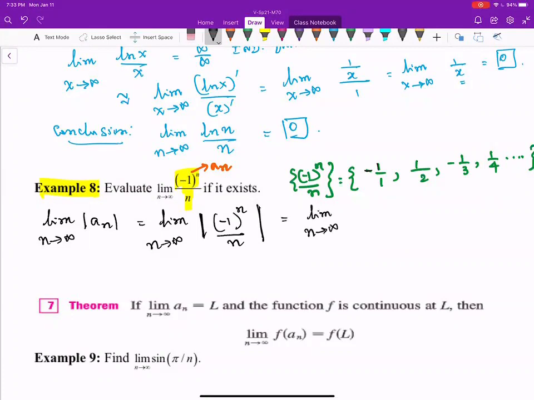So the limit as n approaching infinity has 1 on the numerator. No matter what, n is going to be positive only because n is approaching infinity. n is an integer also, only positive integers, because it represents the terms of the sequence. As n approaches infinity, 1 over a large number is equal to 0. Because the limit of the absolute value of a n equals 0, by that theorem the limit of a n will also be 0.